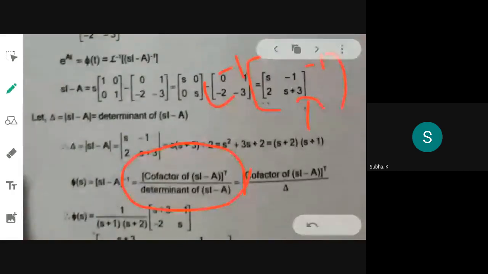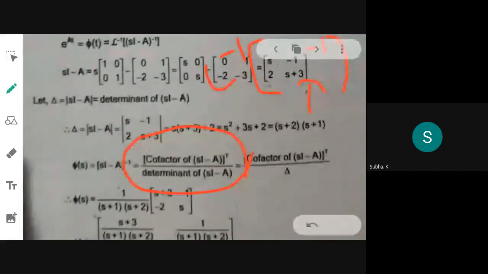So did you understand the derivation part or not? That is what I want to know. Yes, ma'am. The formula is cofactor of SI minus A transpose divided by determinant of SI minus A. Okay, so how will you find the determinant?